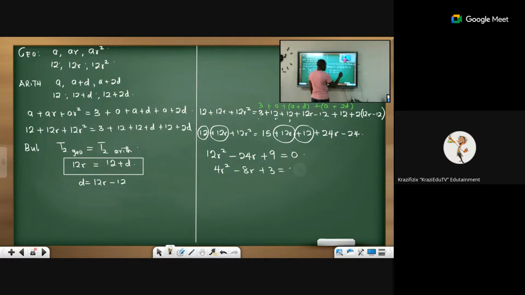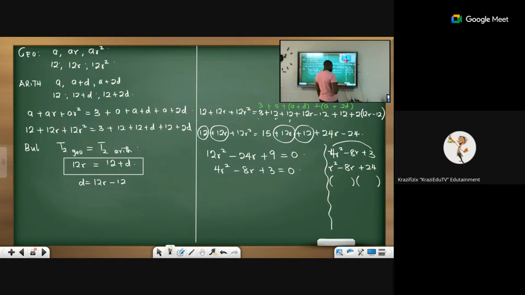Those of you that have seen some different methods, this is what we do. 4R squared minus 8R plus 3. We multiply this and that, and that will give us R squared minus 8R plus 24. Now we factorize. 24 would be what?